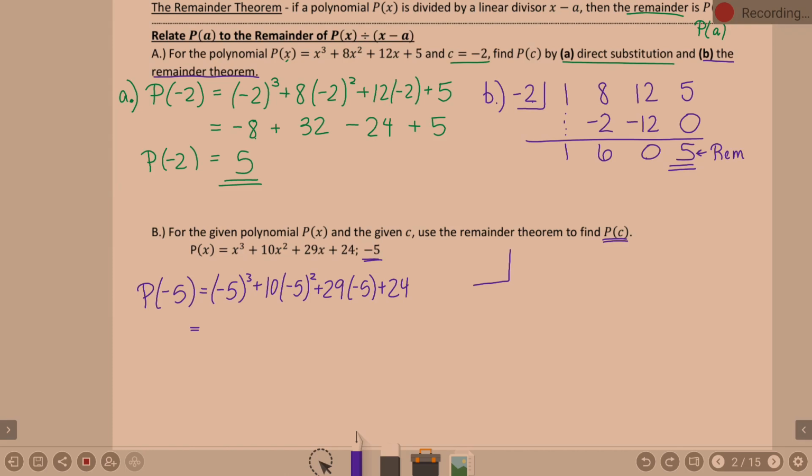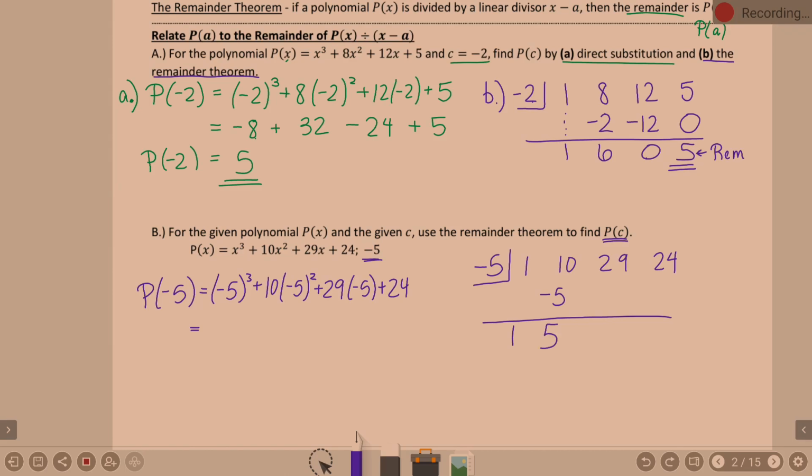What goes in the box if we use synthetic division? Negative 5. And then what is my row of numbers next to the box? 1, 10, 29, 24. Coefficients from 1x cubed, 10x squared, 29x, and 24. Drop the 1. Negative 5 times 1? Negative 5. 10 plus negative 5? 5.